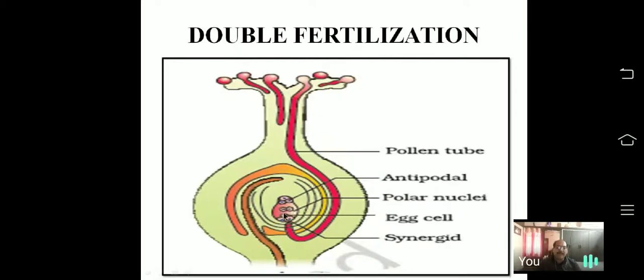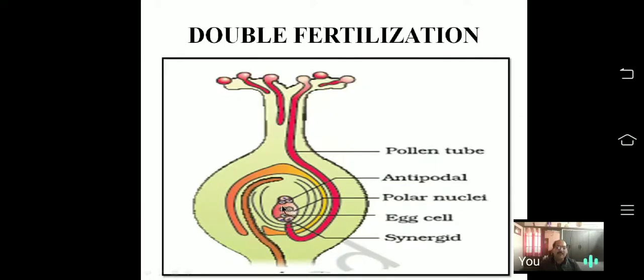Next, after double fertilization, in the central cell, how many nuclei fused? Before fusion of the sperm nucleus, it has two nuclei, two polar nuclei. One more nucleus will come from the sperm. Total 3 nuclei fused here.